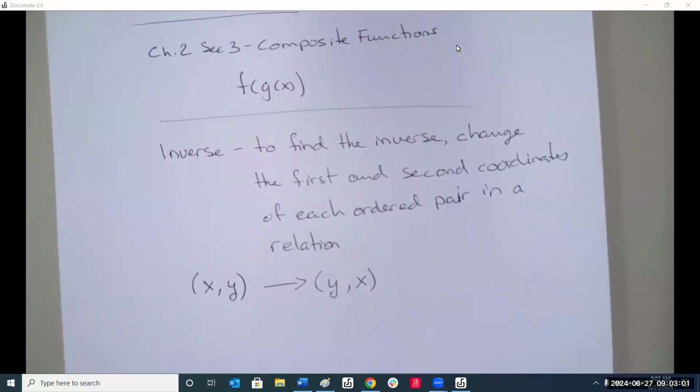A relation is just how one ordered pair or one function fits into another one, or what ordered pair fits into another.